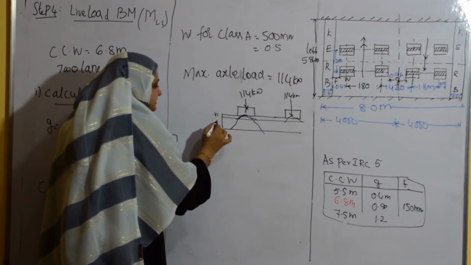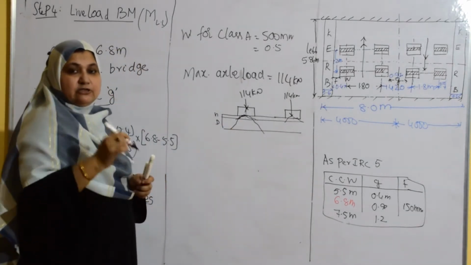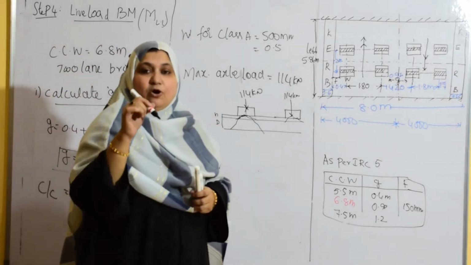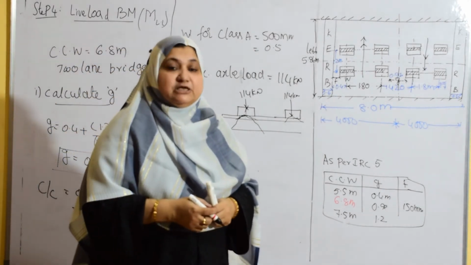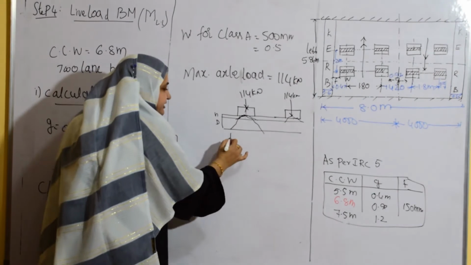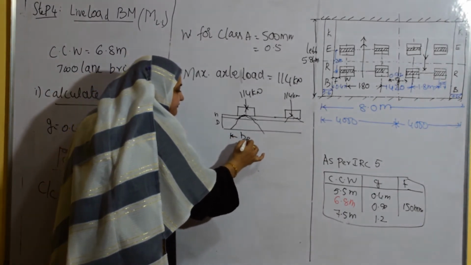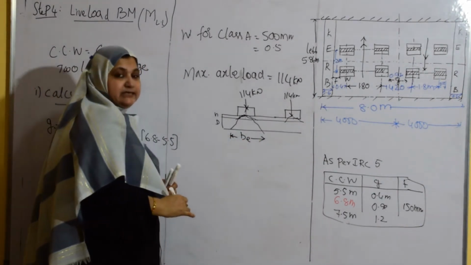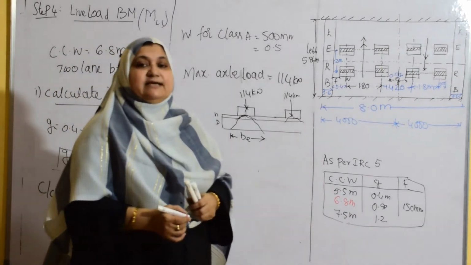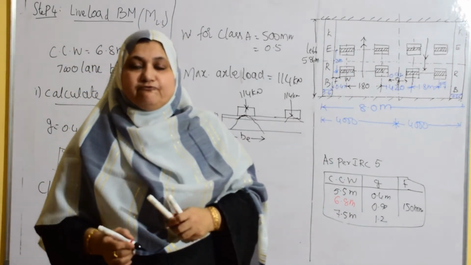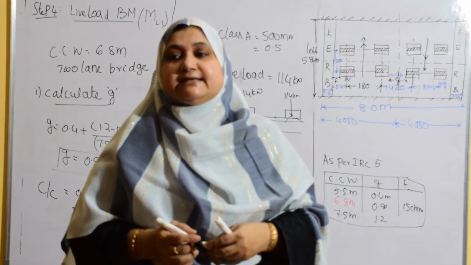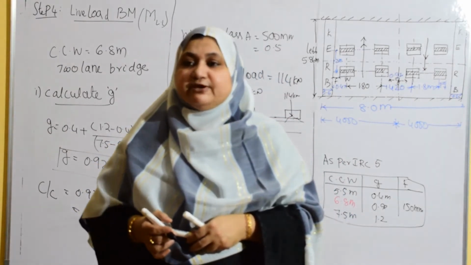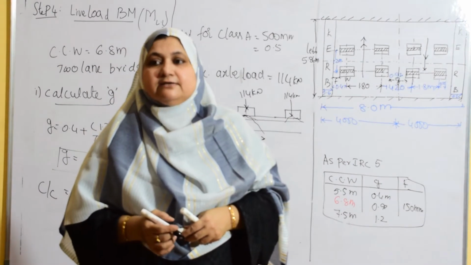This is H, this is G. So the load is not transmitting on the road as a point load, it is getting dispersed over an effective width. That is why this method of design is called the effective width method. So this method of designing deck slab bridges is the effective width method of design.